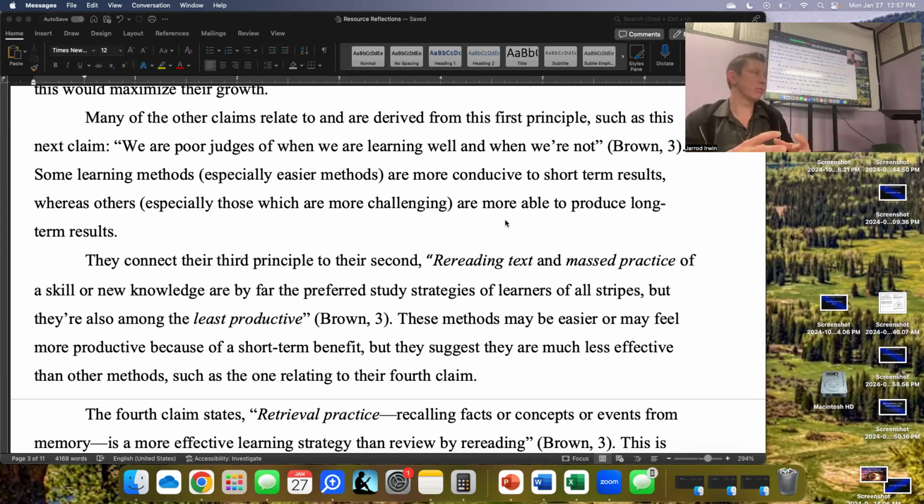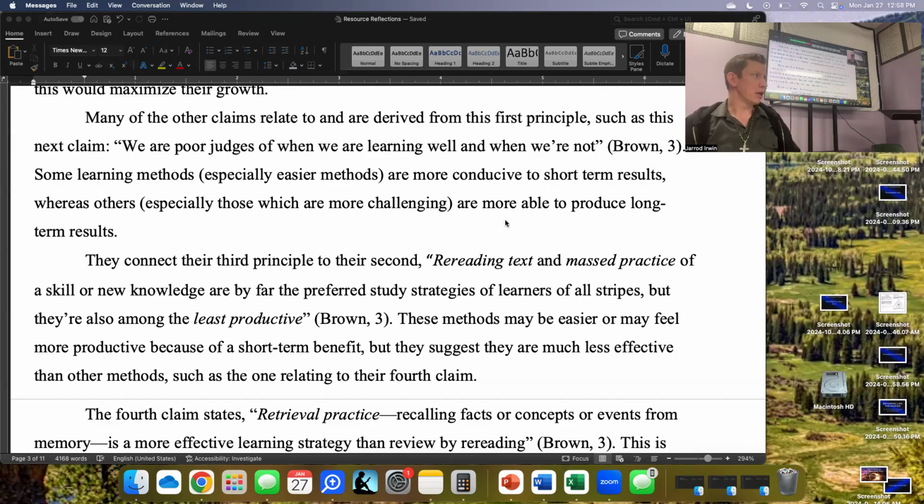So it's massed practice. I'm cramming it all into one, usually last minute, hence the idea of cramming. Massed practice doesn't necessarily imply cramming in that last-minute sense, but nevertheless, you're cramming all of your study into one period as opposed to breaking it up.